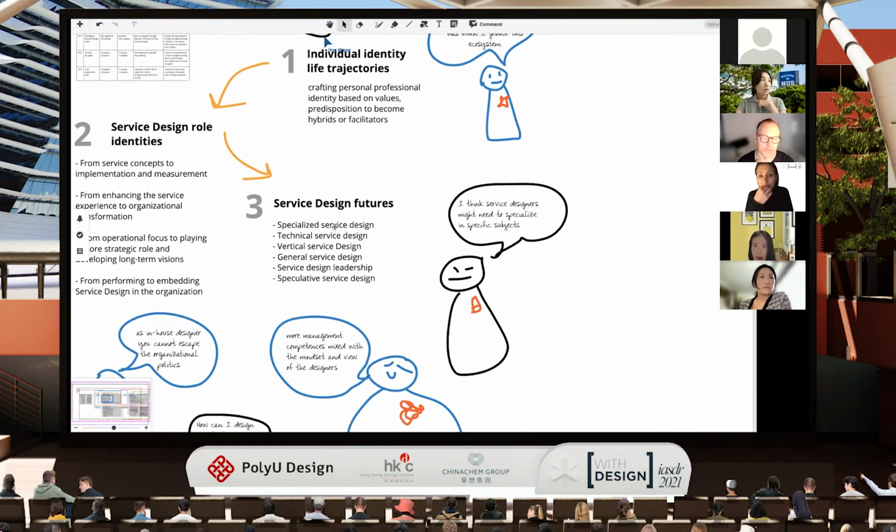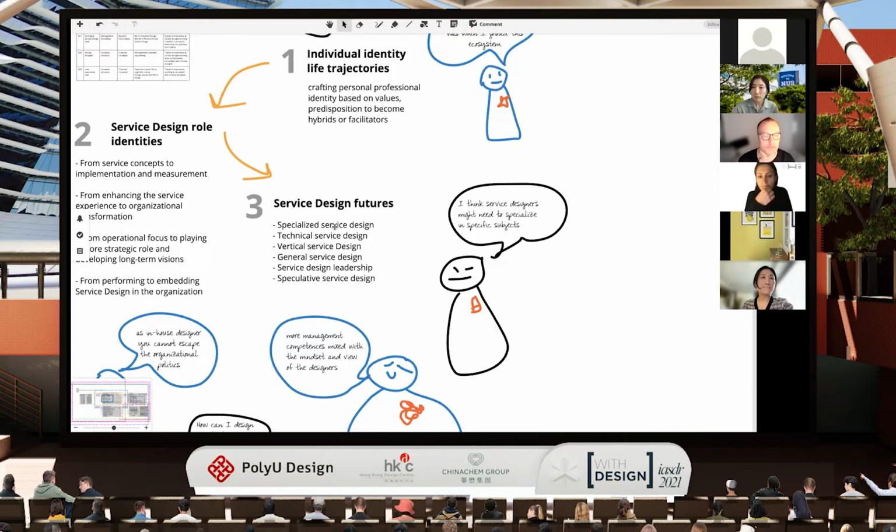Exactly, and it also relates to differences between larger and smaller organizations. In smaller organizations, you may need to be more general as a service designer, while in a larger organization, you can go upwards in the vertical, so to speak, or be more narrow.